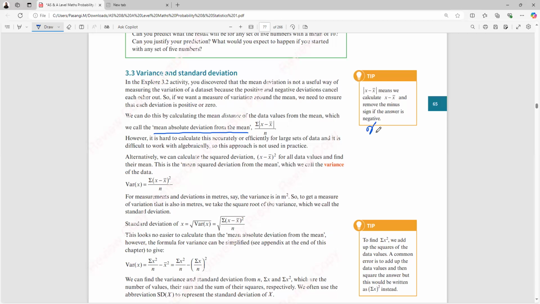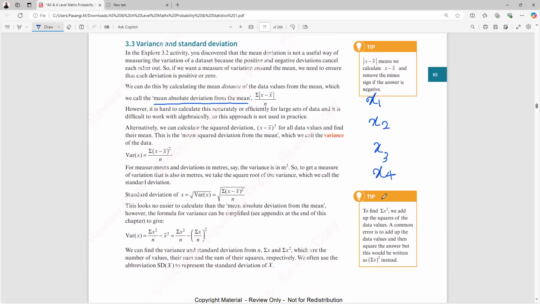That means let's assume we have 10 data points x1, x2, x3, x4 up until x10. So first thing we need to do is calculate what we call the mean of these values. We normally call it x bar.